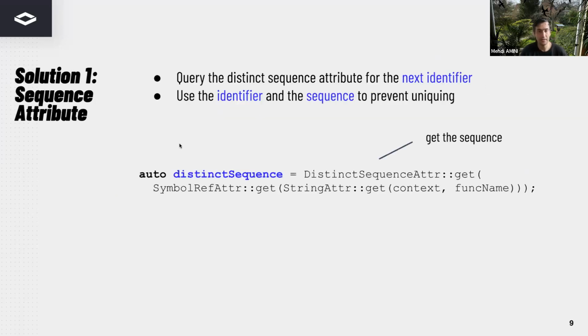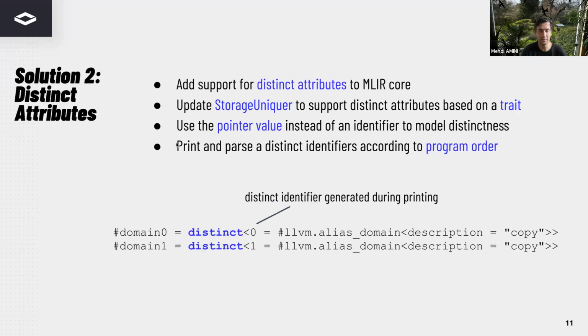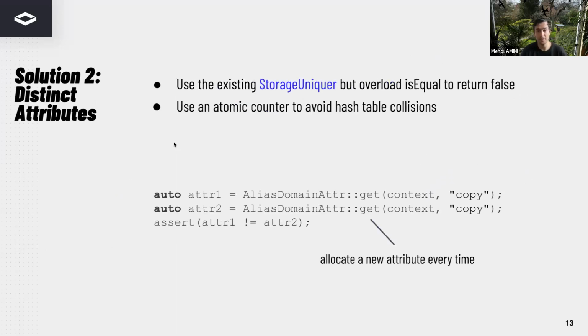But if we do something distinct, that's to me different enough of a concept that the API should probably reflect it. We shouldn't write get here. We should probably write get distinct. I mean, that can be done. So we can have a get distinct or something like this. Yeah, you can do enable if on a trait that has the exact same comment. Exactly. Yes. This is a minor comment, I was just saying.